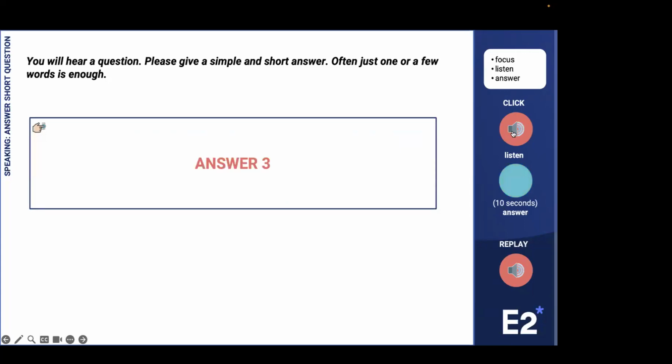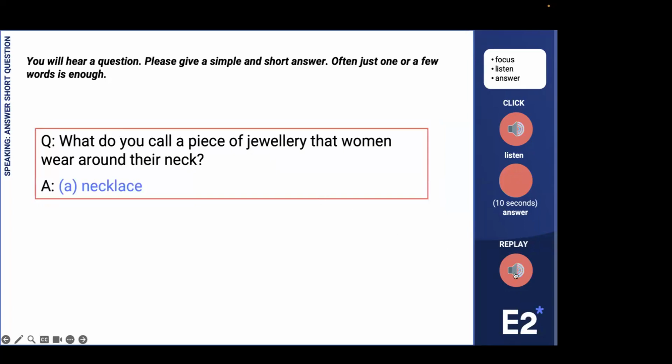What do you call a piece of jewelry that women wear around their neck? The answer, of course. You got it, guys. What do you call a piece of jewelry that women wear around their neck?